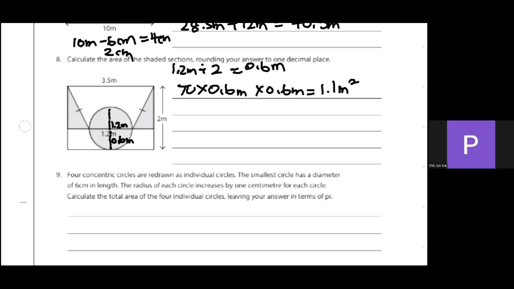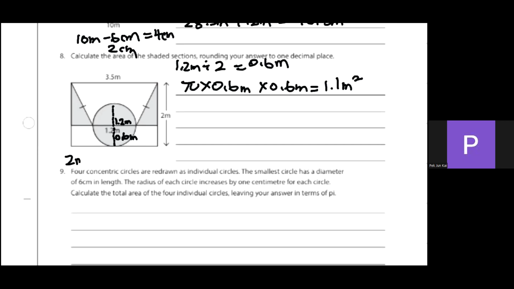So we can find the triangle's height by taking 2 meters minus 0.6 meters to get 1.4 meters, which is the height of the triangle.